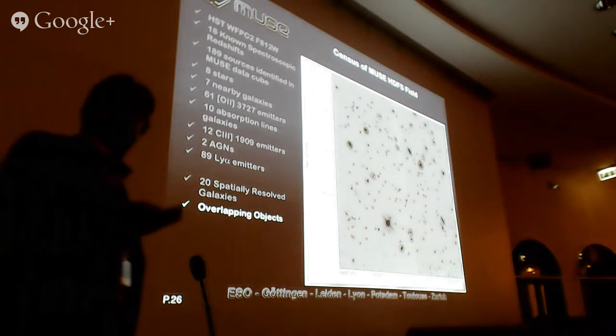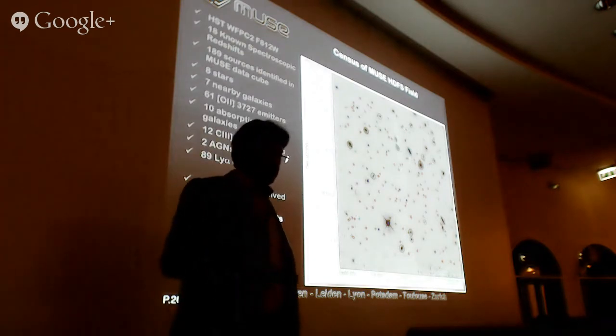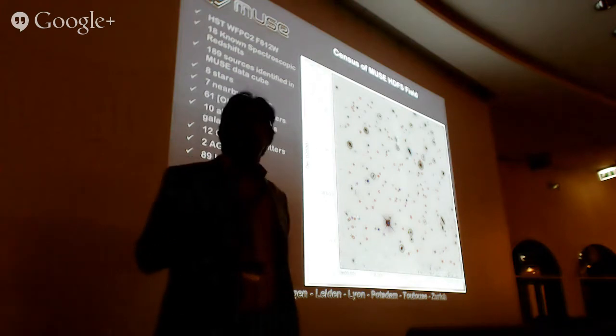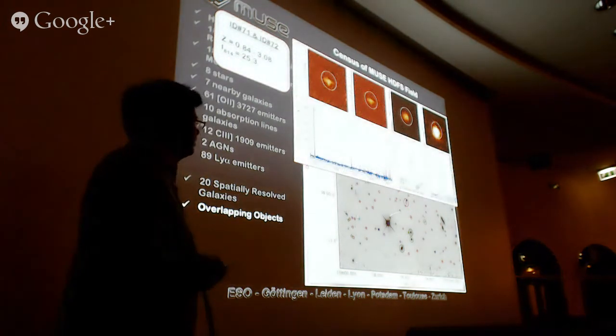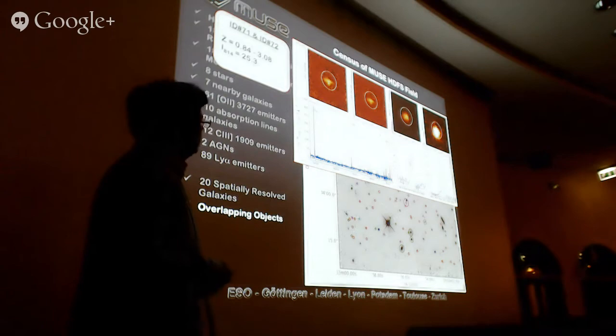In a way of playing and fishing in this big data cube, we found that there are many overlapping objects, even at the HST resolution. I give here one example. There's one object here. We found this spectrum. It's clearly, obviously, an O2 line. This is confirmed because there's H beta and O3 here, which match well.